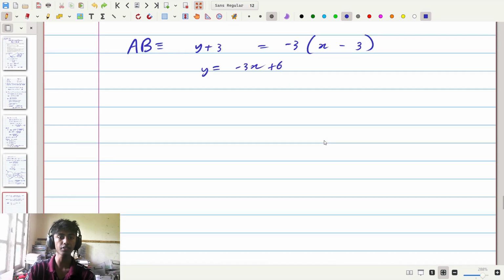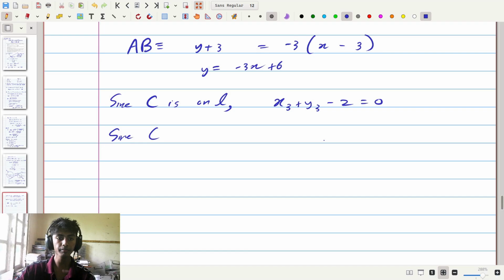Since C is on L, we have x3 plus y3 minus 2 equals 0. And since C is on the line AB, we have y3 equals minus 3x3 plus 6.